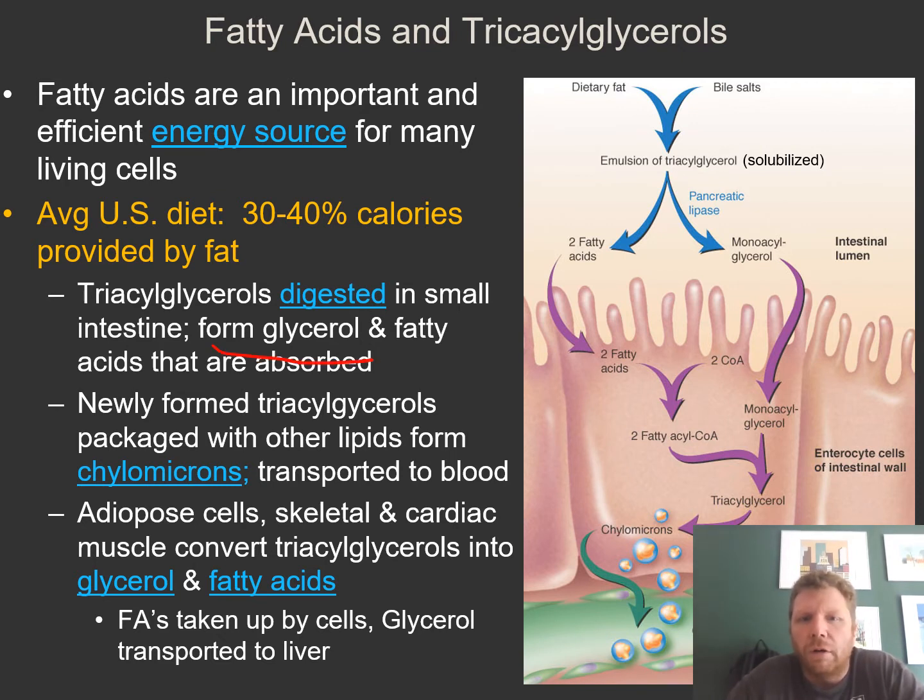They form glycerol and fatty acids that are absorbed. Newly formed triacylglycerols are packaged with other lipids in the form of chylomicrons and transported to the blood. Adipose tissue, skeletal, and cardiac muscle convert triacylglycerol into glycerol and fatty acids. Those fatty acids are taken up by cells. Glycerol is transported to the liver.